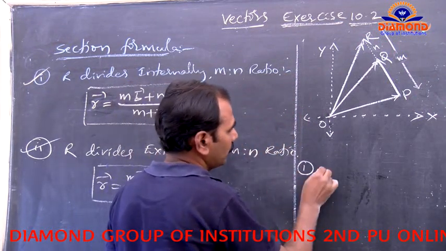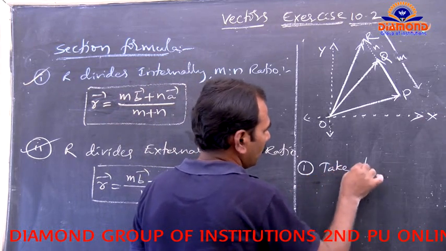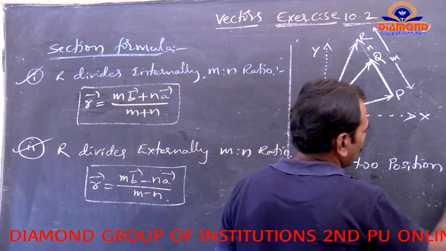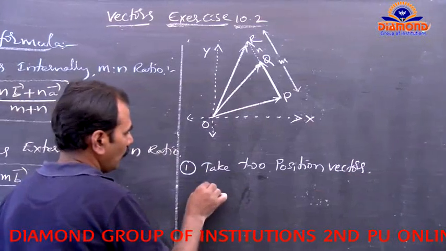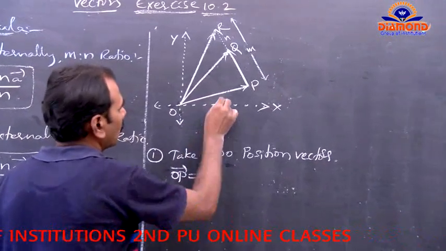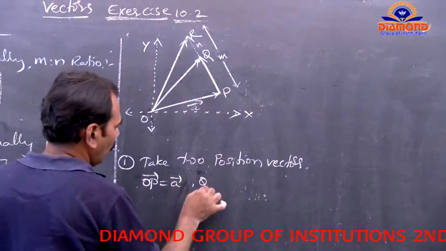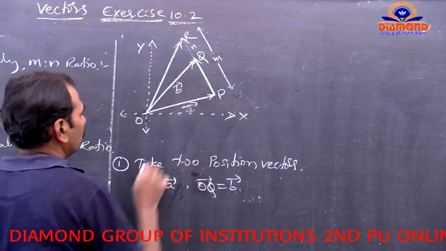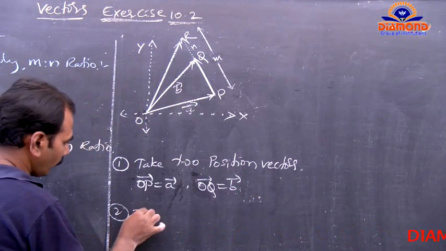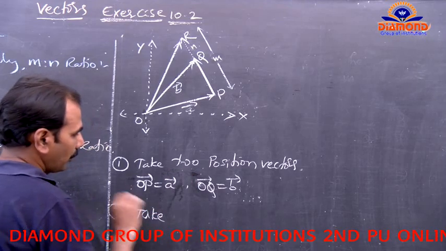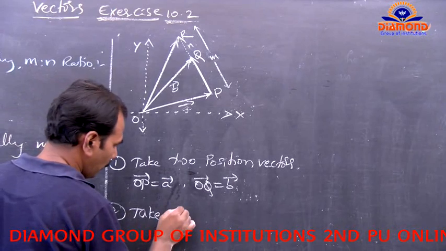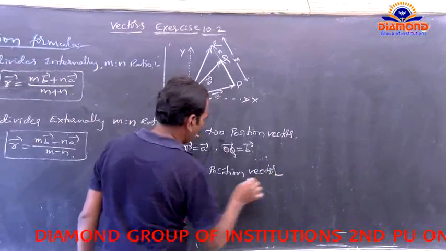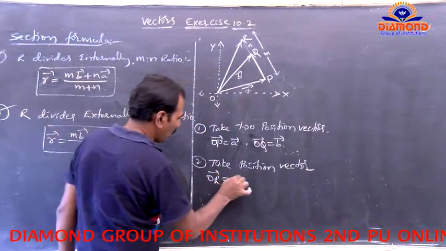Now first condition, take two position vectors: OP bar equals A bar, OQ bar equals B bar. Take the position vector OR bar equals R bar.